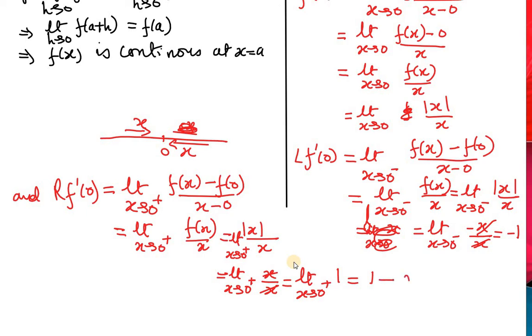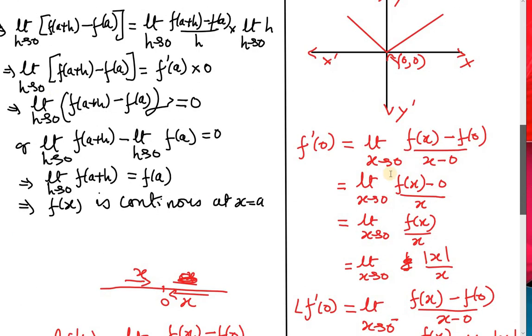Now if I denote this as equation 2 and this one as equation 1, it implies that Lf prime of 0 from 1 and 2 is not the same as Rf prime of 0. Since the left hand derivative is not equal to the right hand derivative, therefore the derivative of f at 0, f prime of 0, does not exist.